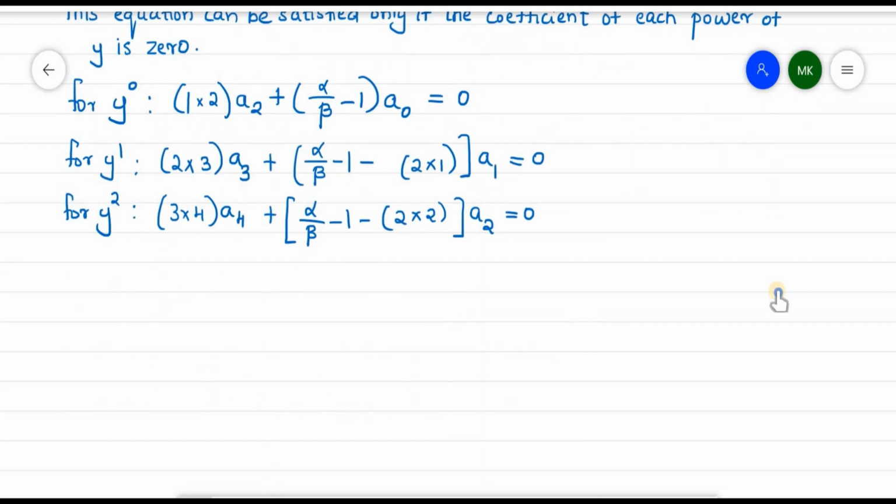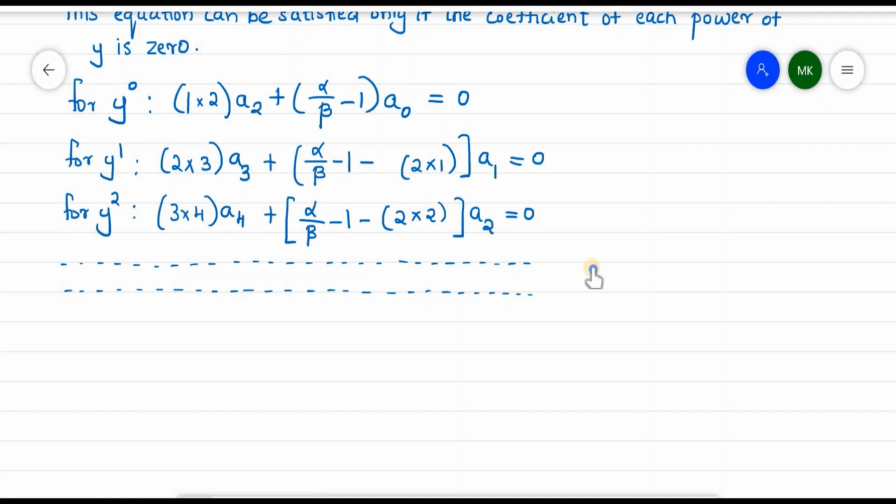So for y raised to 1, we have 2 into 3 a3 plus alpha by beta minus 1 minus 2 into 1 into a1. For y square, 3 into 4 a4 plus alpha by beta minus 1 minus 2 into 2 a2. So for y raised to 3, it will be like 4 into 5 into a5 plus alpha by beta minus 1 minus 2 into 3 into a3 equals 0.